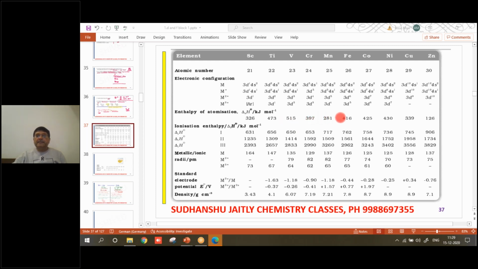It decreases. Cobalt's is also quite high, nickel's is also quite high, and poor zinc became soft. So it peaks out approximately at iron and cobalt, showing a maxima, and then it decreases.